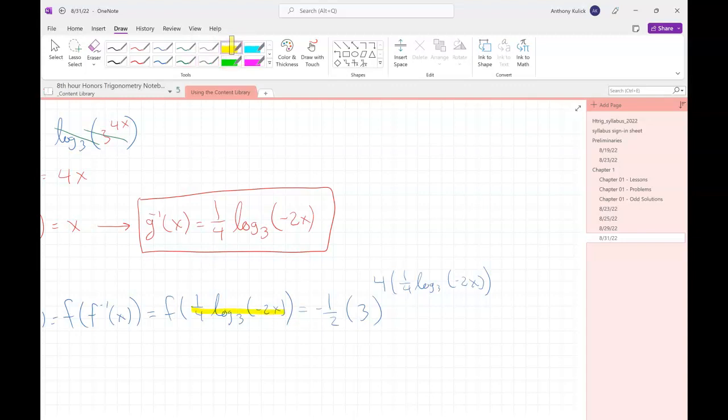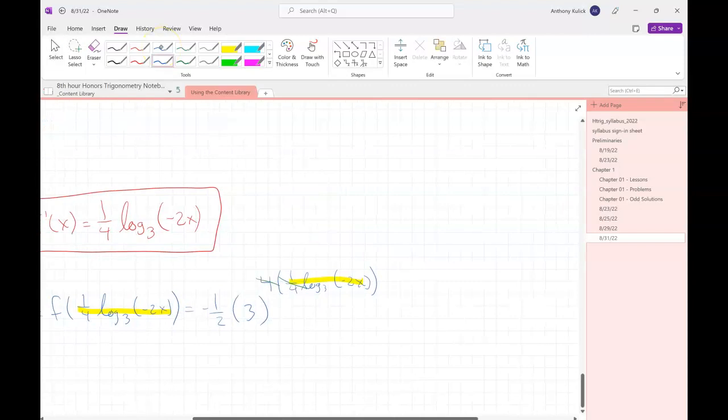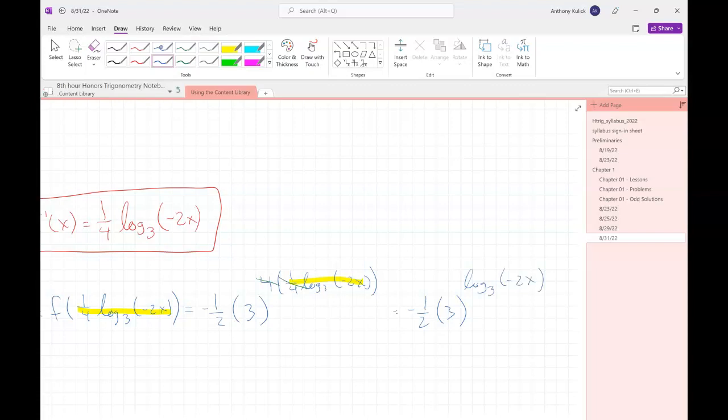And I just took that and stuck it in place of the x for f. So I noticed the 4 and times 4 can cancel each other out. Or 1/4 and 4, excuse me. And exponent base 3 and log base 3 will cancel each other out.